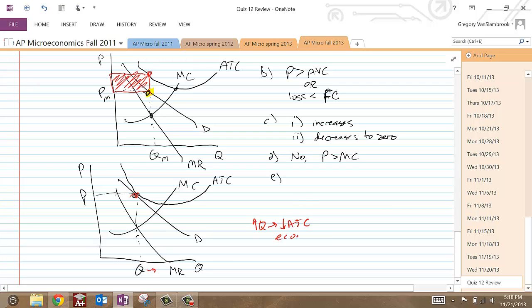That's the definition of economies of scale. So is that the case here? Yes, if you increase quantity from here, you're moving downward along this average total cost curve until you hit this point. That's the minimum. So the answer is yes, because average total cost decreases to its minimum point where it crosses marginal cost. That's the answer there.